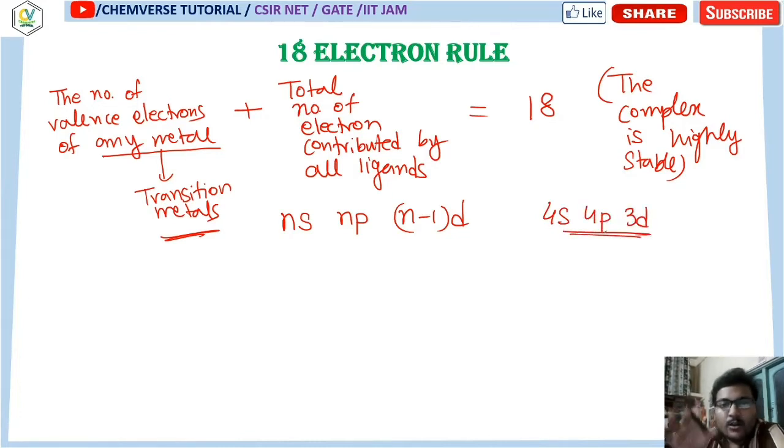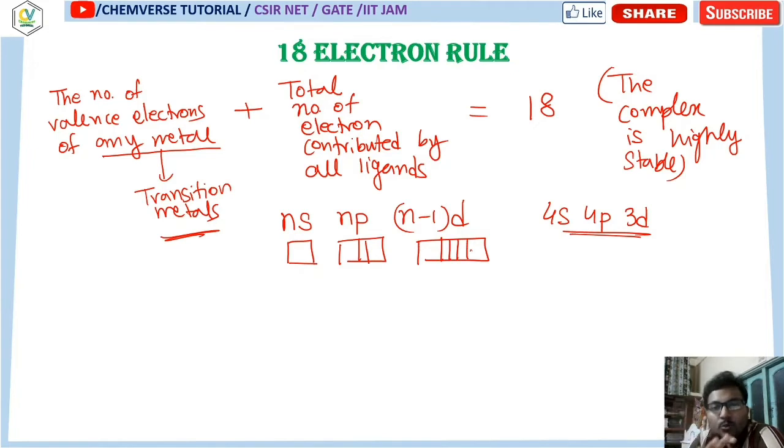So for bond formation these three sets of orbitals are involved. There is one s orbital, three p orbitals, and a total of five d orbitals. So overall, how many orbitals are present? Total orbitals is 9.